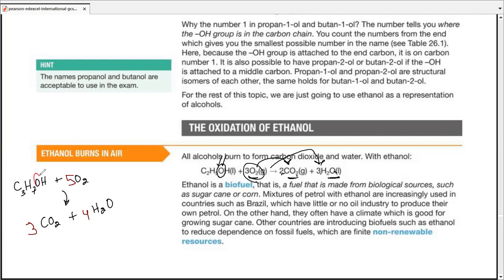You are forgetting that this oxygen is also present. Now you get the point.